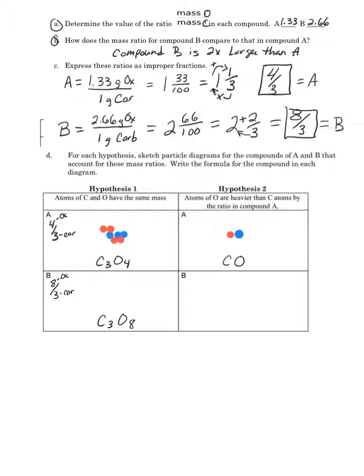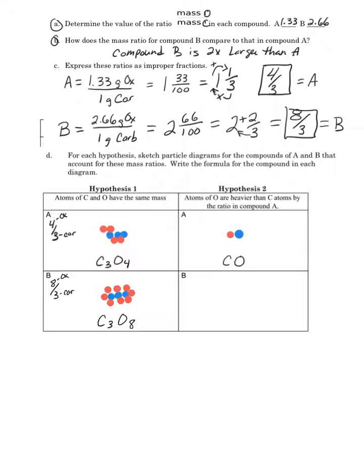So to draw this molecule, I'm going to draw my carbon first. And then I'm going to have 8 oxygen. So something like that.